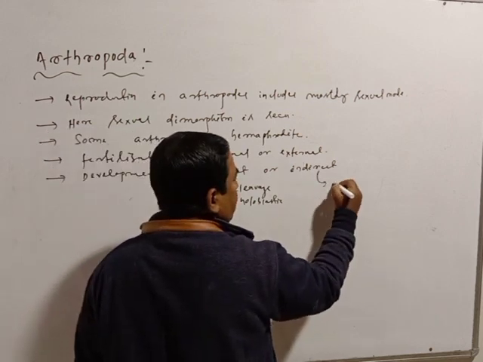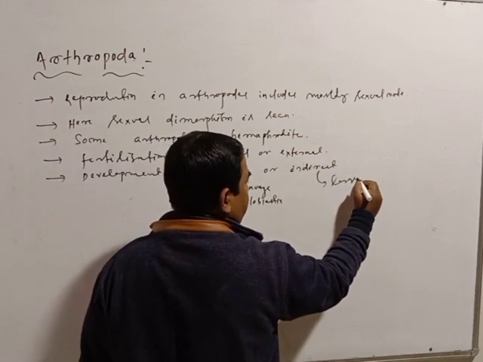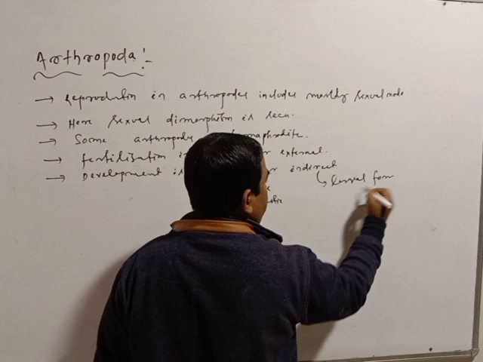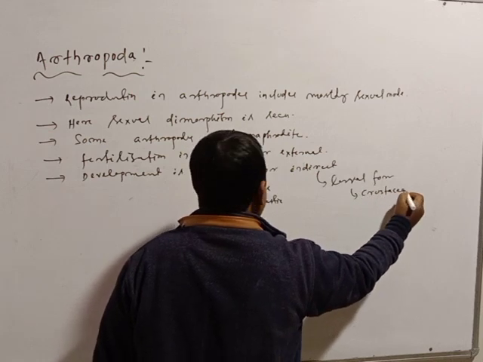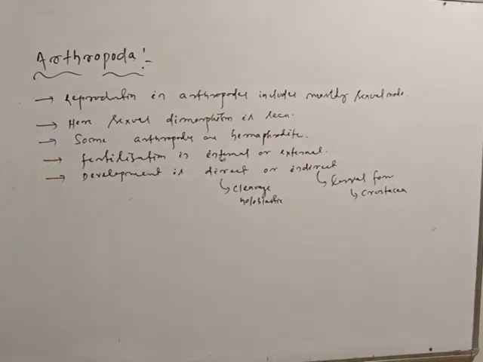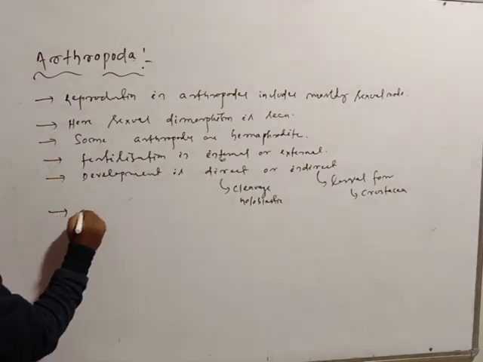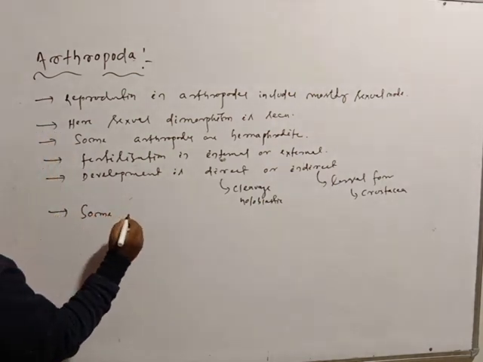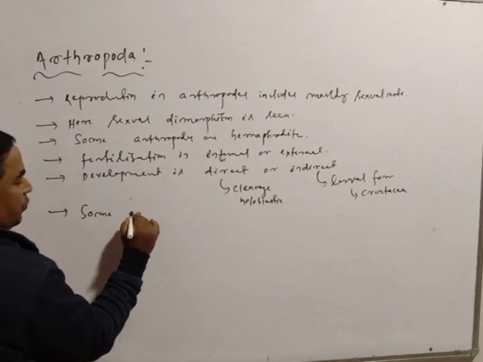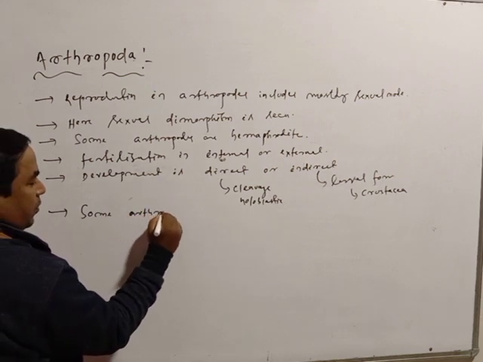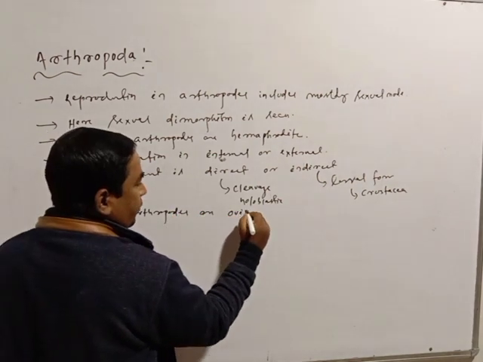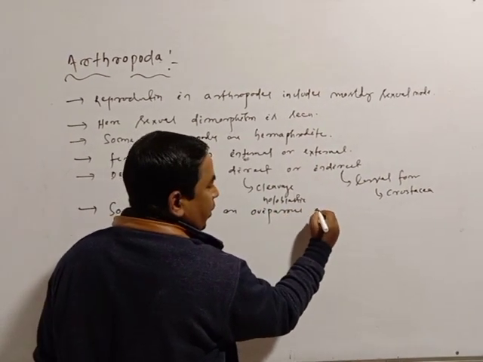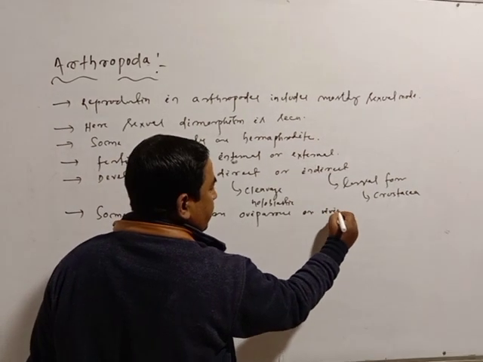Indirect is through a larval form, for example, crustacea. Next, some arthropods are oviparous or viviparous.